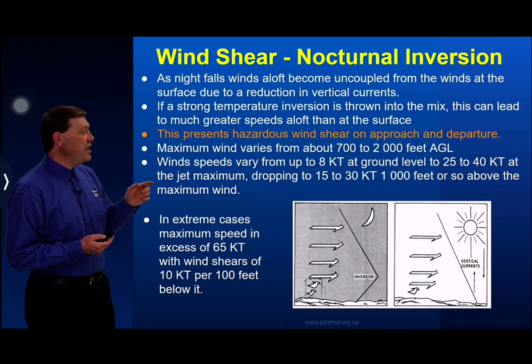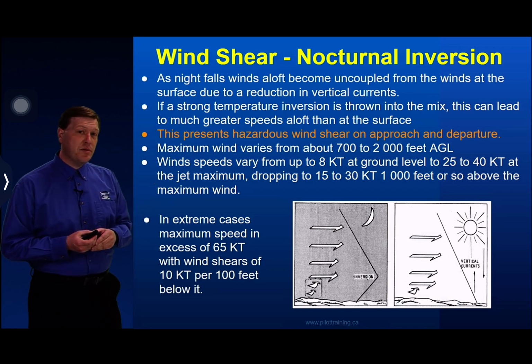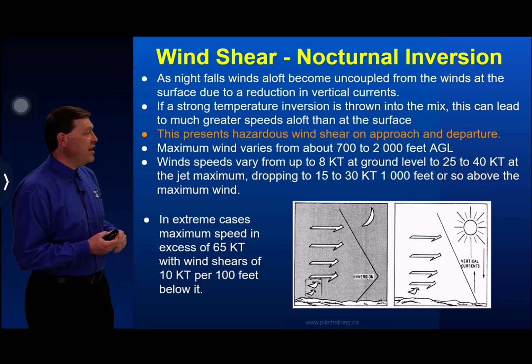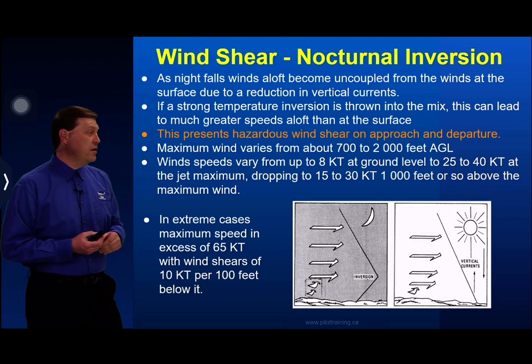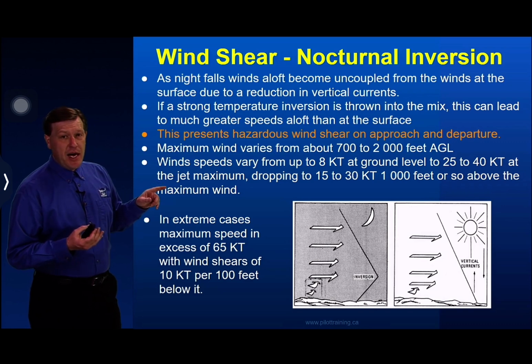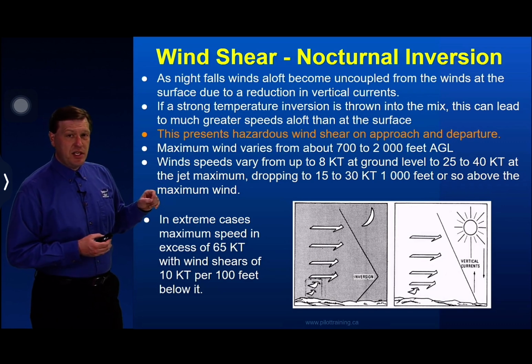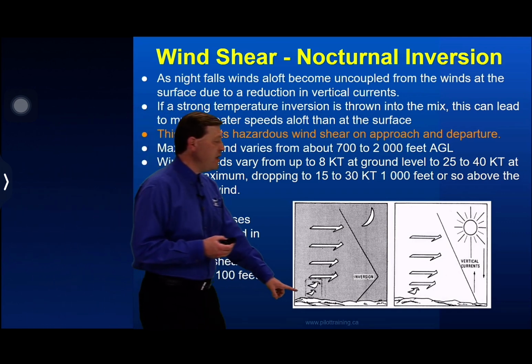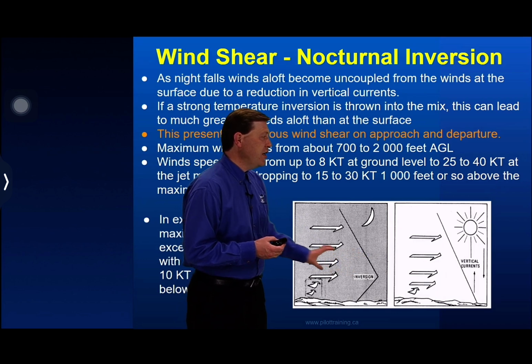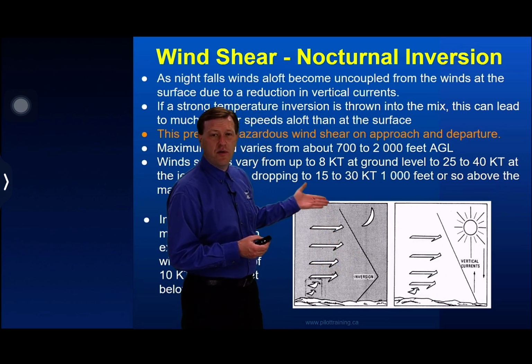Now the speeds can vary from as little as only 8 knots at the surface, very gentle, to 25 to 40 knots at the jet maximum. Above this maximum, typically what will happen is the wind speeds will decrease again. So we usually have the maximum speeds kind of right in here near where the inversion is. And then they start to slow down a little bit.